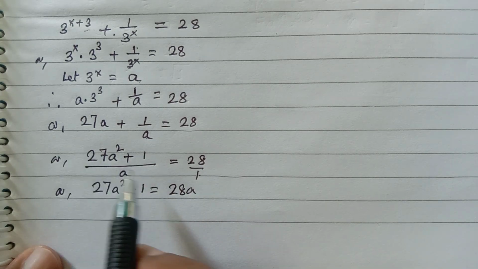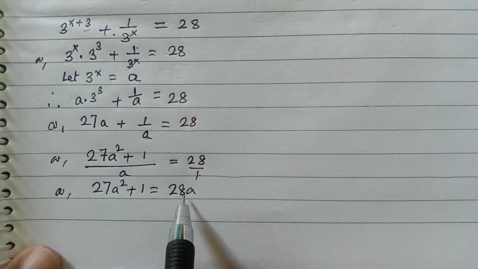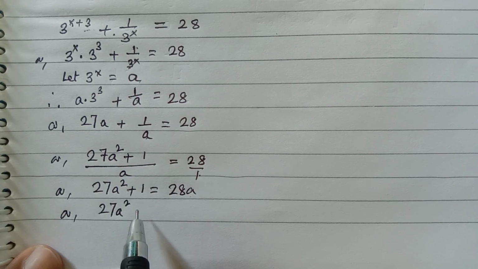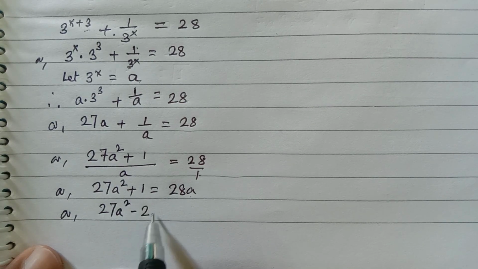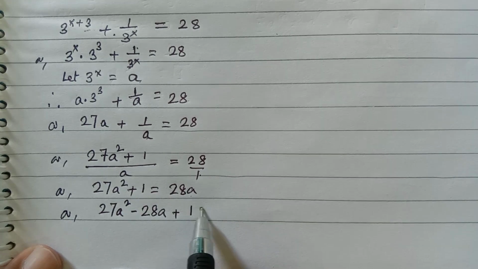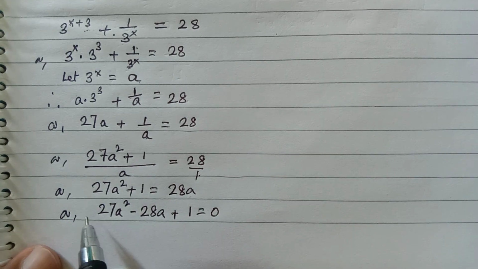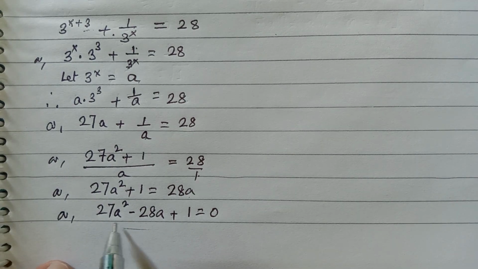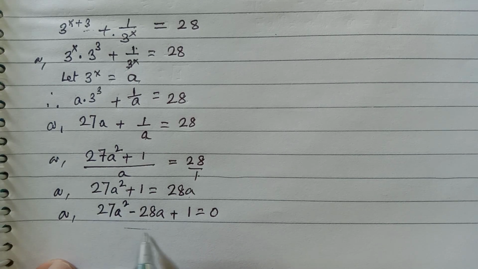1 multiplies this term and a multiplies 28, we get 28a. Bringing 28a to this side, I get 27a squared minus 28a plus 1 equal to 0. Now we have a quadratic equation. We can solve it using the quadratic formula, or using the middle term factorization.